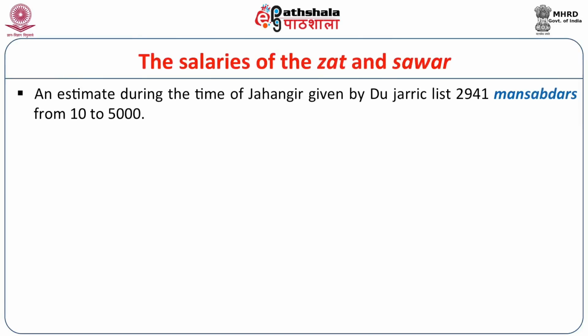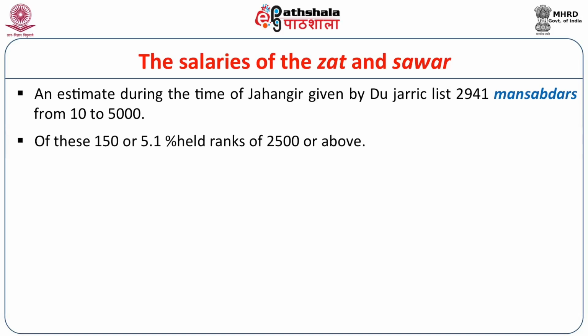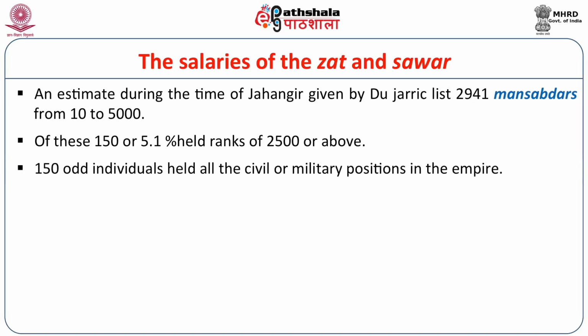An estimate during the time of Jahangir given by Dujarric lists about 2,941 Mansabdars from say 10 to 5,000. Of these, 150 or 5.1% held the ranks of 2,500 or above. 150 odd individuals held all the civil or military positions in the army, therefore.